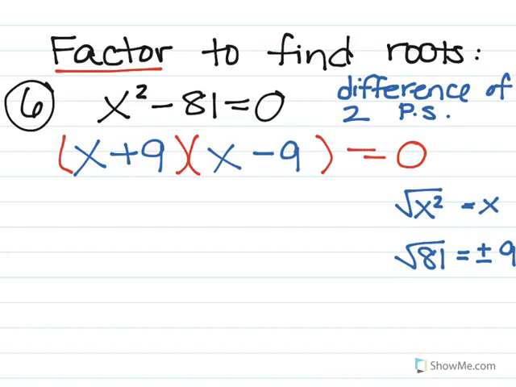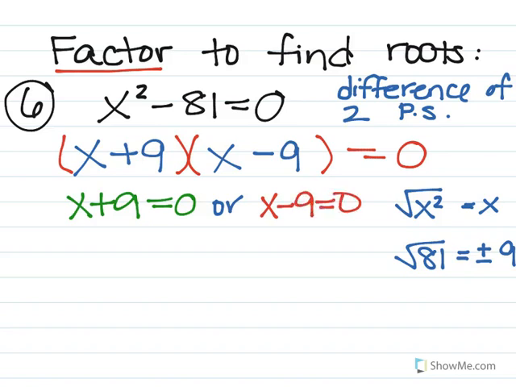Now, after you factor, the next step in solving is to set each factor equal to 0. So we've got x plus 9 equals 0 or x minus 9 equals 0. After you set each factor equal to 0, you simply solve each equation for x.